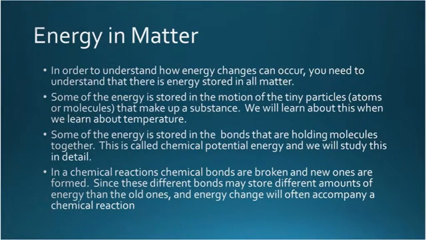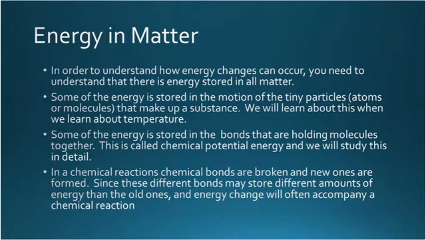In order to understand how energy changes can occur, you need to understand that there is stored energy in all matter. Some of the energy is stored in the motion of the tiny particles, atoms and molecules, that make up a substance. We will learn about this when we learn about temperature.